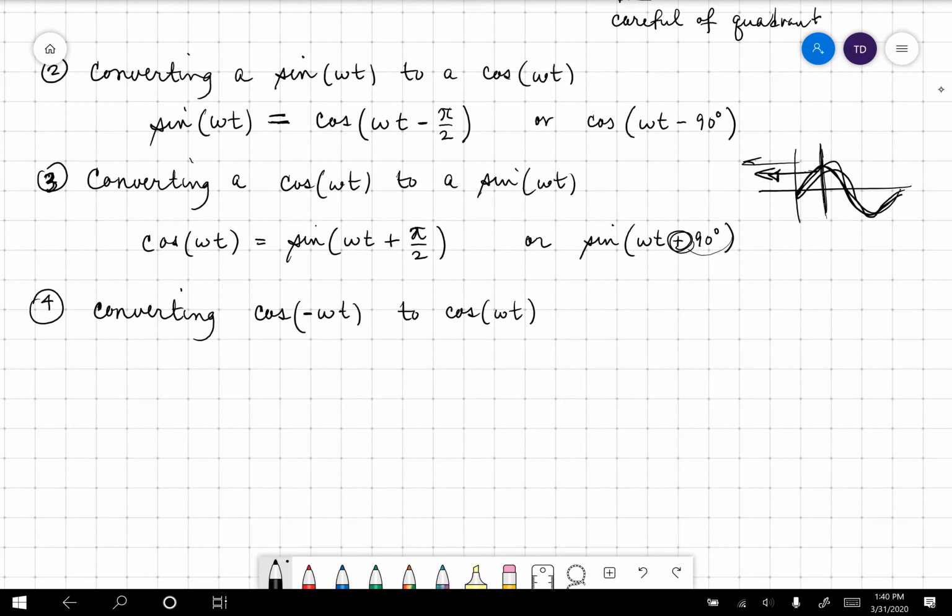Well, the cosine is an even function. This one's awesome. Cosine of minus omega t is equal to the cosine of positive omega t. It doesn't matter if I go this way on the axis or this way on the axis, I get the same values. Number 5 is going to be doing that same thing with the sine.